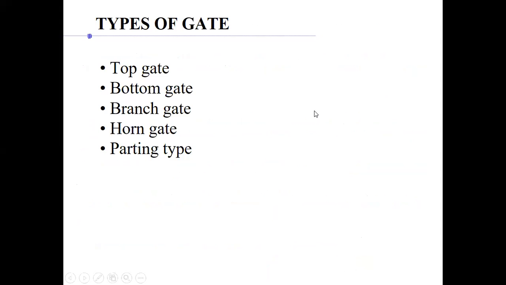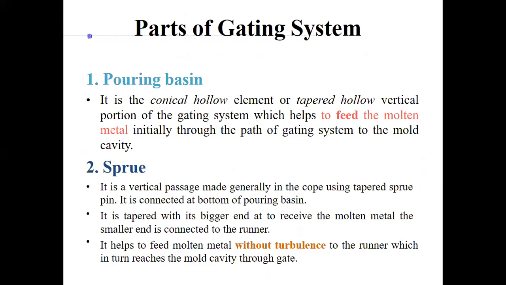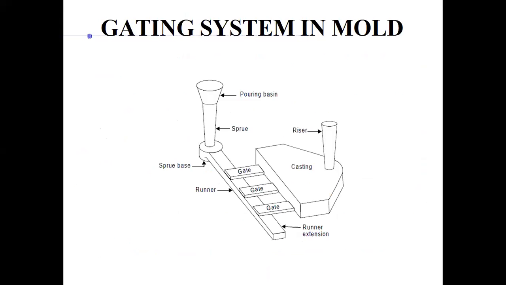Now you see the types of gates. What are the types of gates that we have? I hope the point is clear. What are the different types of gates we have?